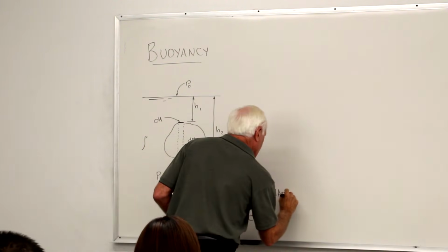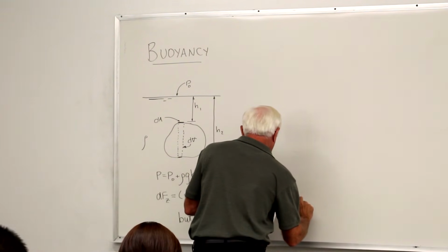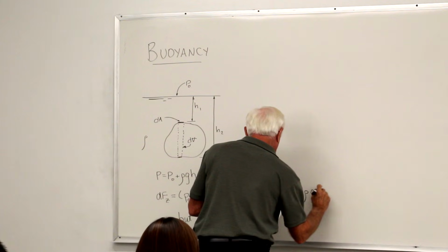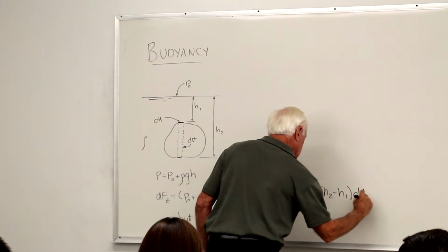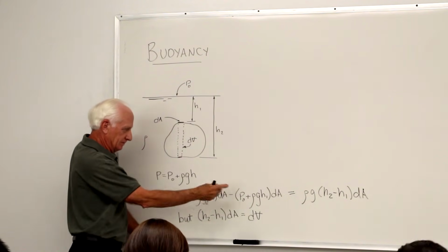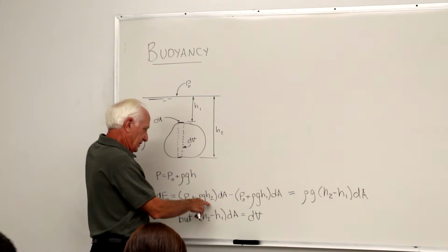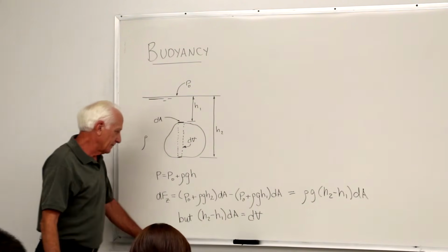Subtract the two. The P naughts cancel out. Rho G times H2 minus H1 times dA, there it is.